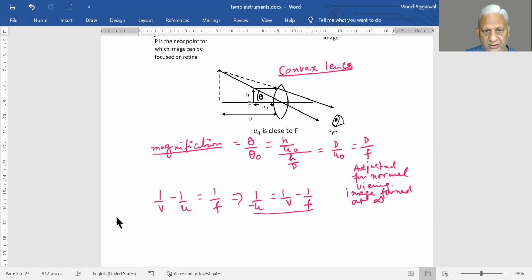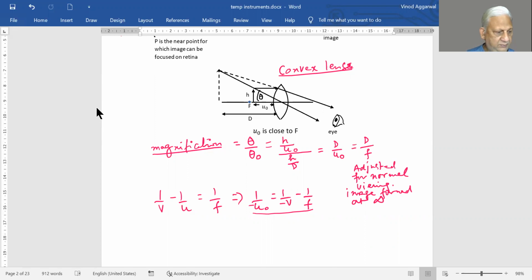V is also on the same side. We can call this u0, same as this one.